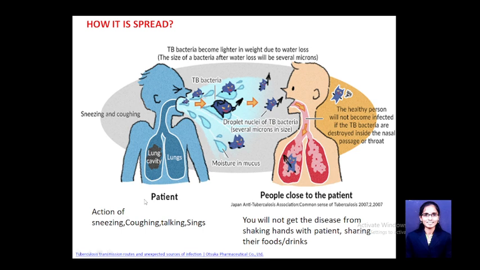Suppose this is the person who is suffering from TB. This is a TB patient, and this is a normal person. If this normal person accidentally or unknowingly comes in contact with the person suffering from active TB, then the tubercles present in the lungs consist of active bacteria.